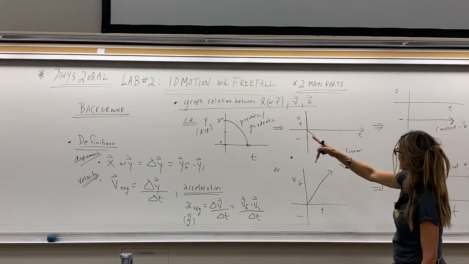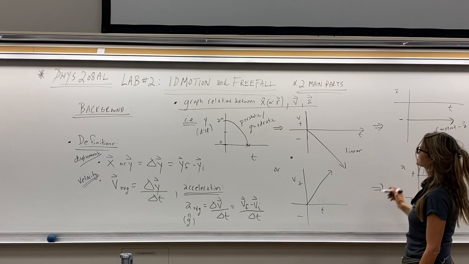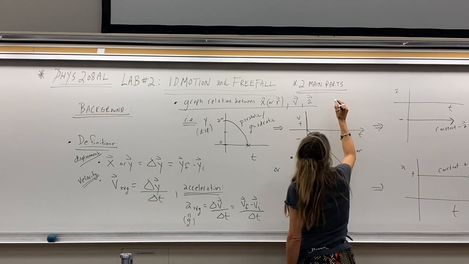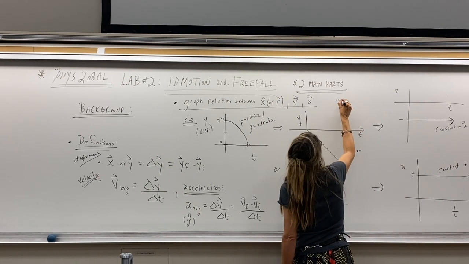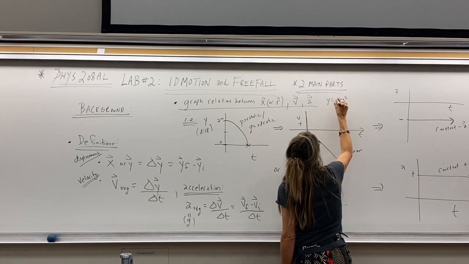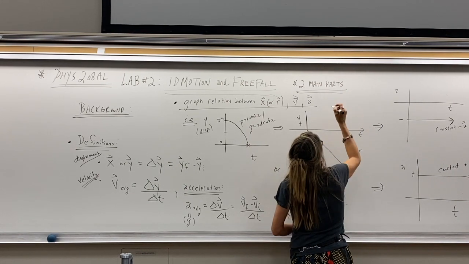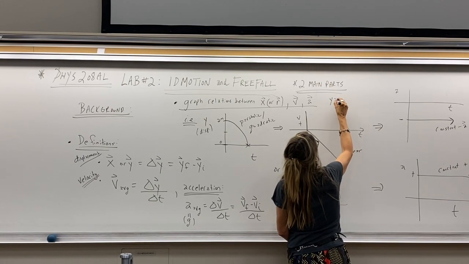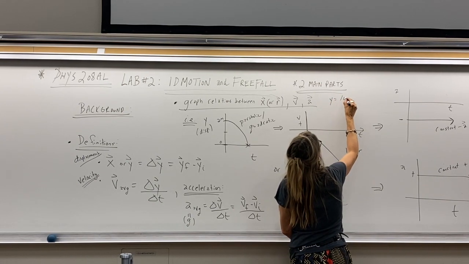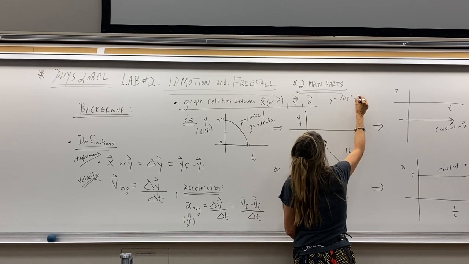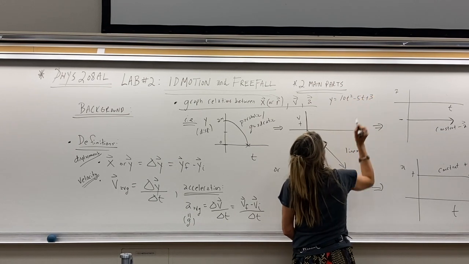So here we'd have parabolic, quadratic, a linear, and a constant. An example would be if you had y equals 10x squared. Let's say we have y equals 10t squared minus 5t plus 3.